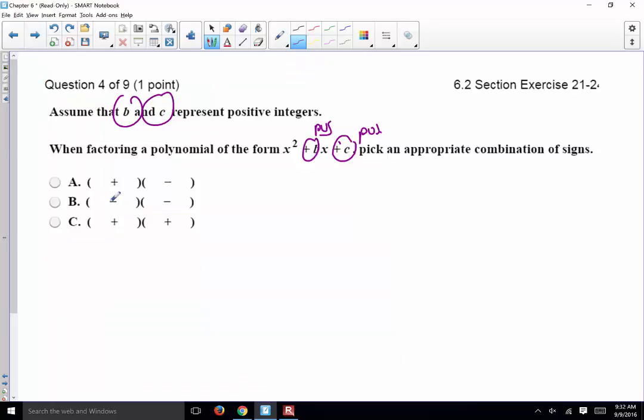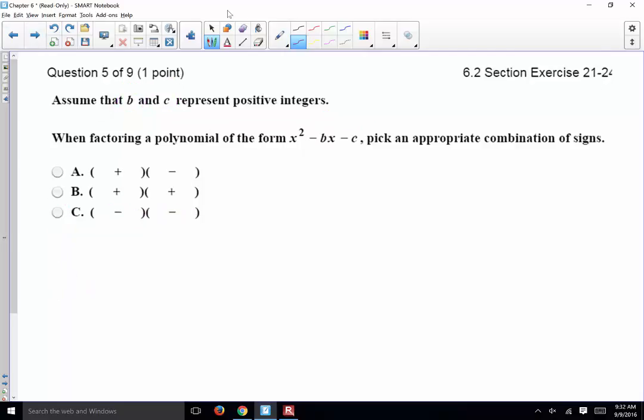It's C. Both should be positive. Okay? It should be x plus a positive number, x plus another positive number. It's C.